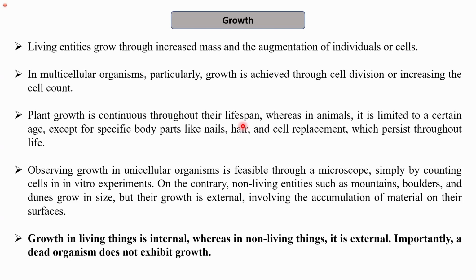So growth can be continuous or limited up to a certain age, but there should be visible growth in the organism, by an increase in the number of cells or an increase in mass.